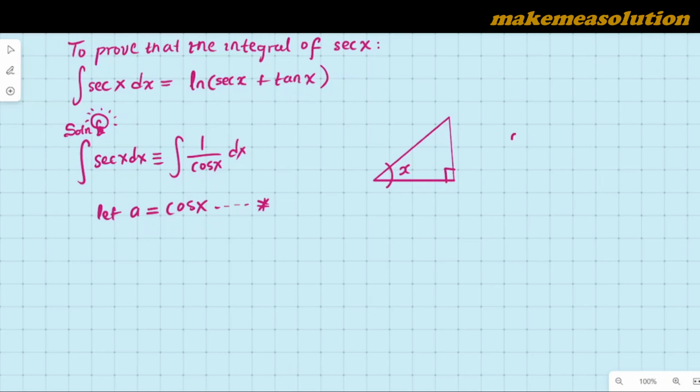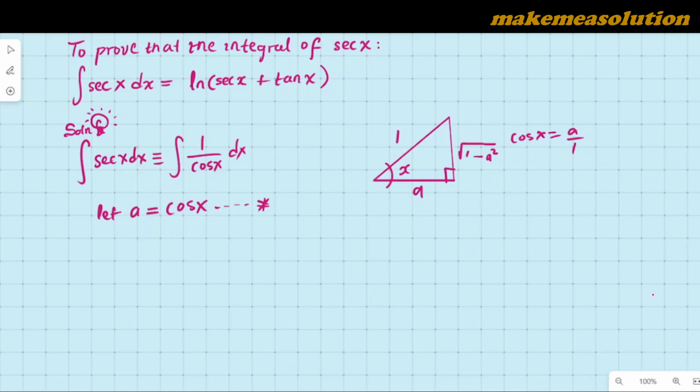Since cos x is equal to a over 1, which is adjacent over hypotenuse, I can call the adjacent side a and the hypotenuse 1. Therefore, if we use Pythagoras theorem, the opposite side is root of 1 minus a squared. I'm going to use this as my reference right angle triangle.